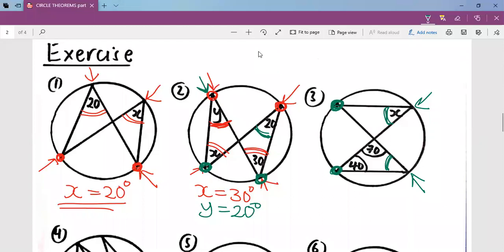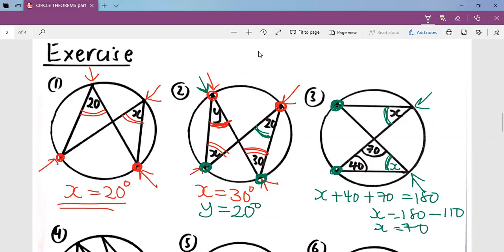So it means even this one will be X because they have to be equal. Therefore, X plus 40 plus 70, I should get 180. This means X is equal to 180 minus 110.